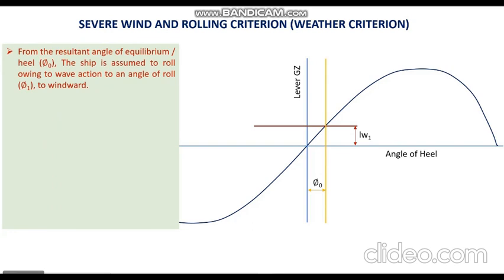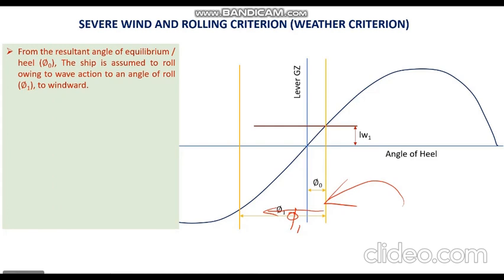That means now from this condition, under the effect of wave action, the ship rolls through phi 1 into the wind, into the windward. Understood, guys? This is phi 1 and this is what it goes under the action of the wave. Is that clear?